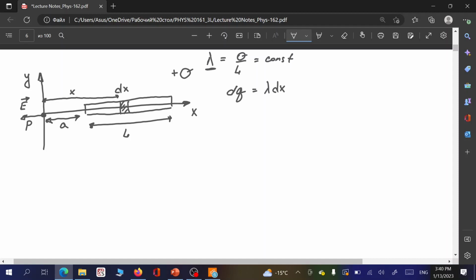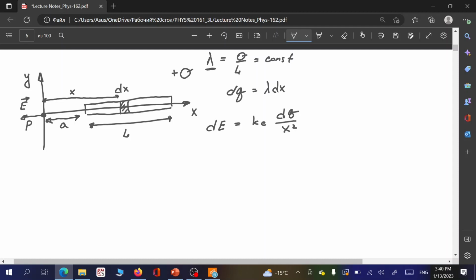So we know the equation. For this dE, we consider magnitudes here, because orientation comes from the sign and symmetry of the case. And this electric field magnitude created by a small segment will be equal to Ke, the electric constant, times dq over x squared.